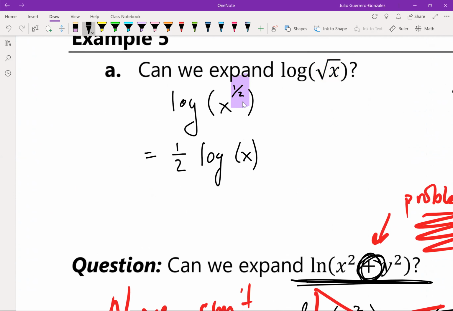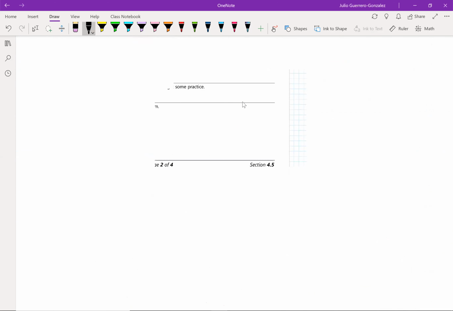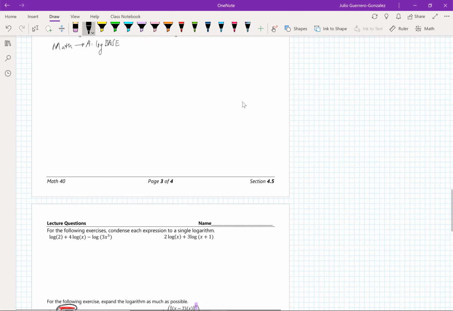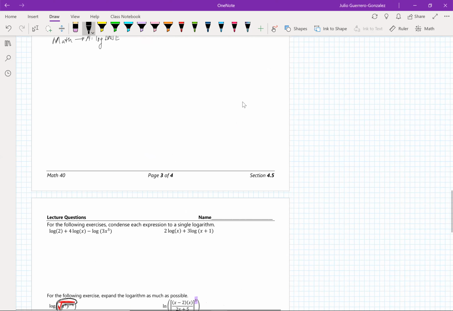Now I have x to the 1/2. So this thing became this thing. I was able to pull this out. Same thing with this one.